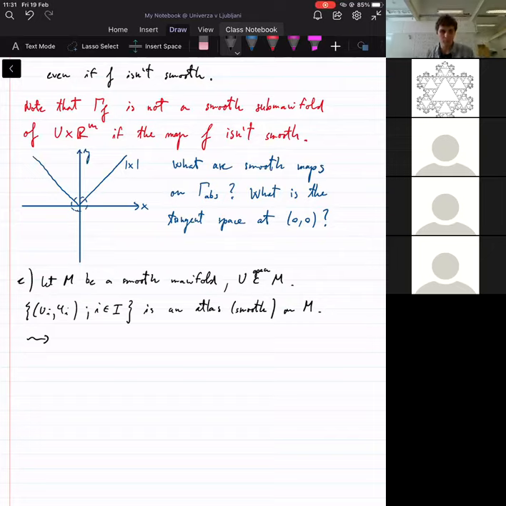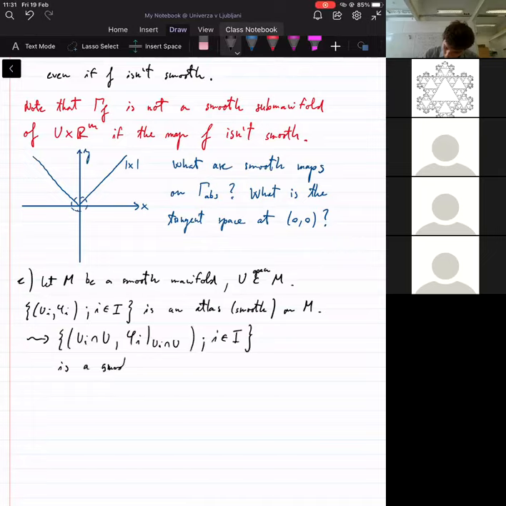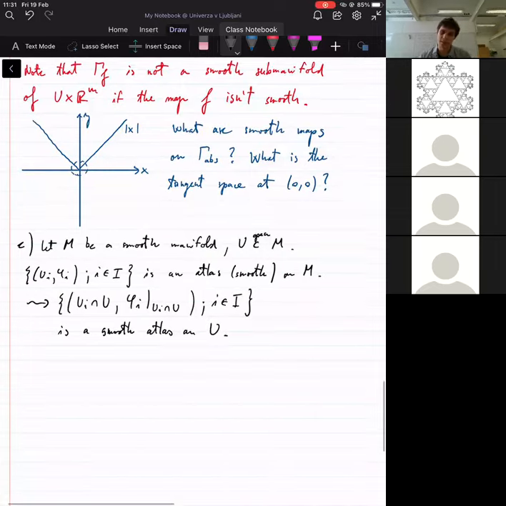Just make intersections. Yes. Intersections and restrictions. So (U_i ∩ U, phi_i restricted), where i still runs in this index set, is a smooth atlas on U. And I'm not even going to check anything because everything is really clear here.